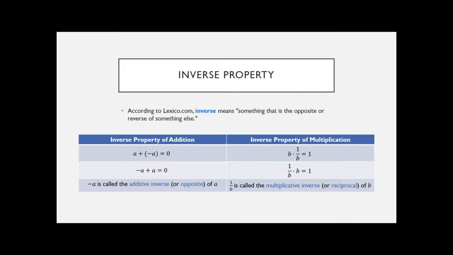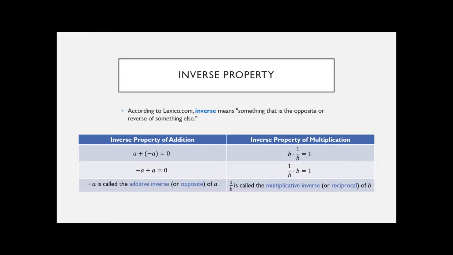When we look at multiplication, we're looking for these things to cancel out and give us 1 instead of 0. So that is the reciprocal. You take a number and multiply by the reciprocal of the number, they cancel out, and you get 1. For example, if you have 2, the reciprocal is 1 over 2.